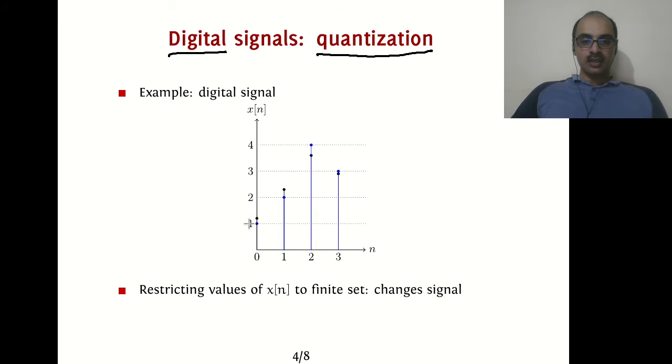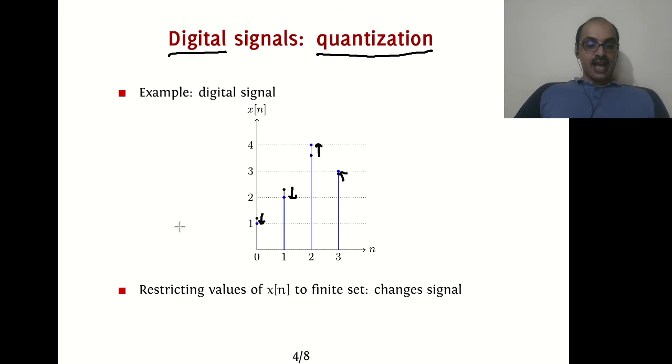For example, x[n] when quantized becomes 1 at 0, and at 1 it was slightly above 2, so it got rounded down, and here it got rounded up slightly. Why? We restricted the set of values which x[n] can take to only integer values, which are 0, 1, 2, 3, 4.